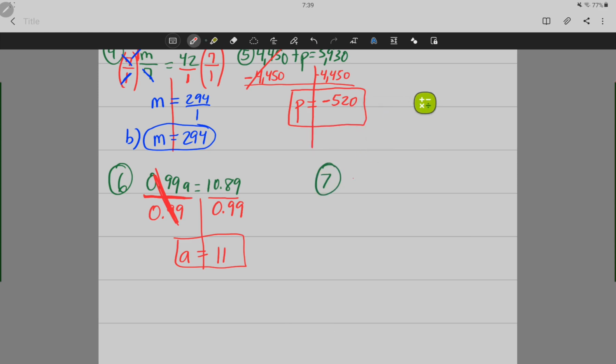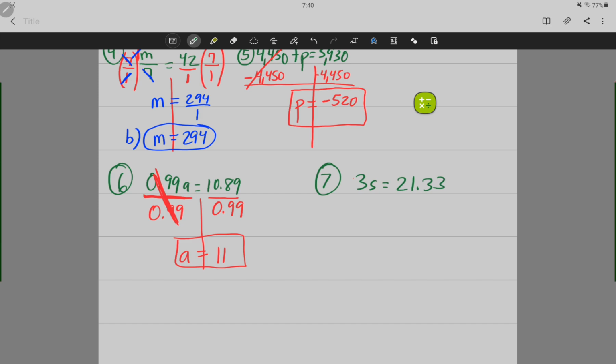And last but not least, we have number 7. Again, we have another word problem. This one is an equilateral triangle, and the perimeter of it measures 21.33 centimeters. So let's just go to the equation part. It says 3s equals 21.33.